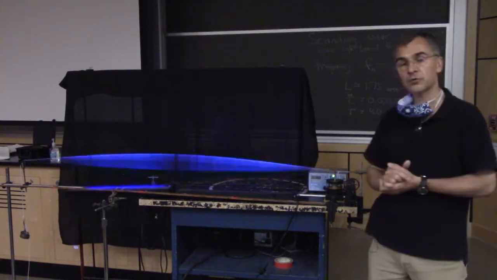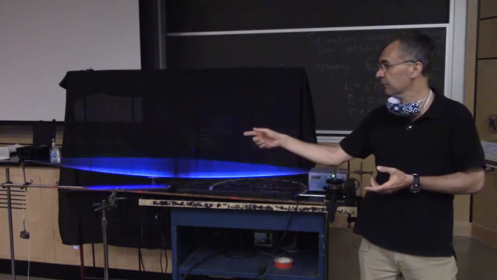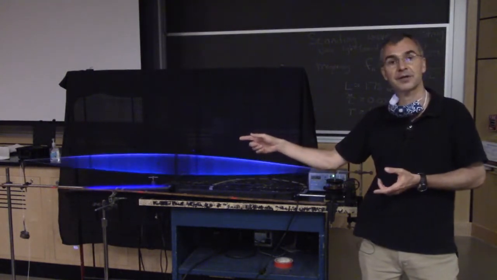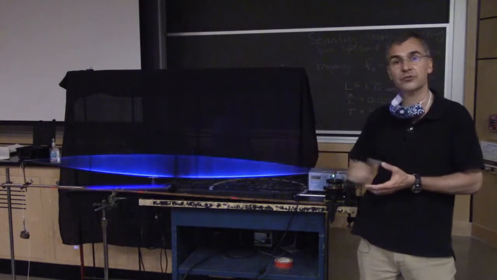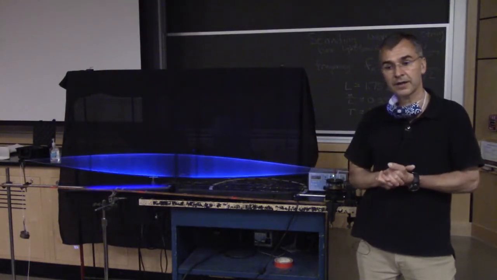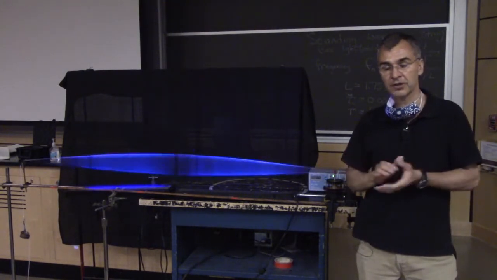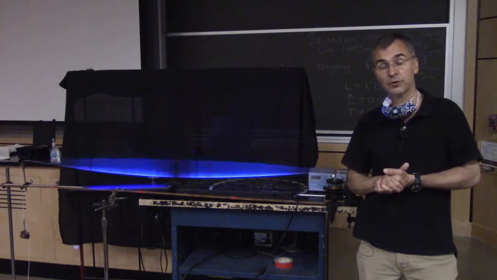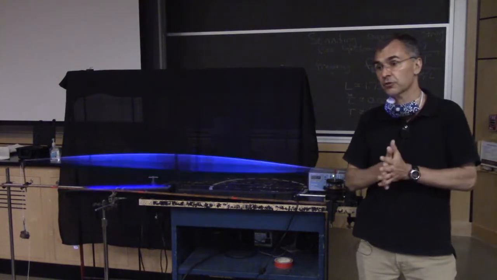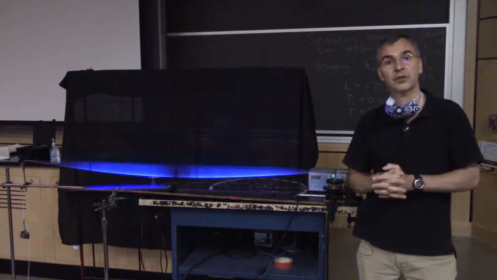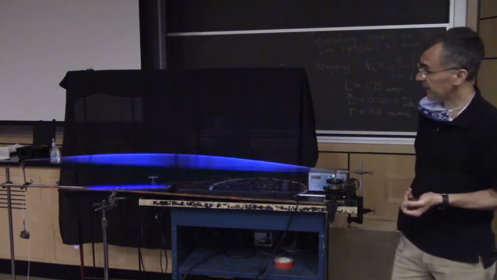If we go from 400 grams, 0.4 kilograms, to 800 grams, 0.8 kilograms on the end of the string, then instead of 15 hertz, we should see 15 times the square root of 2, which is 1.414 roughly. So that's going to be a little less than 22 hertz. Let's try that.